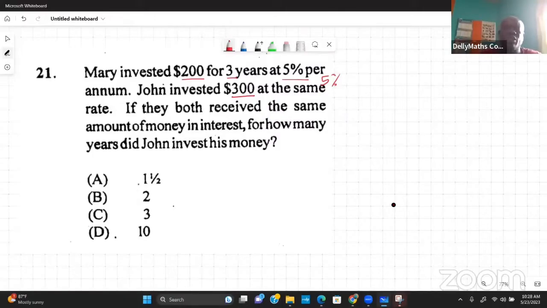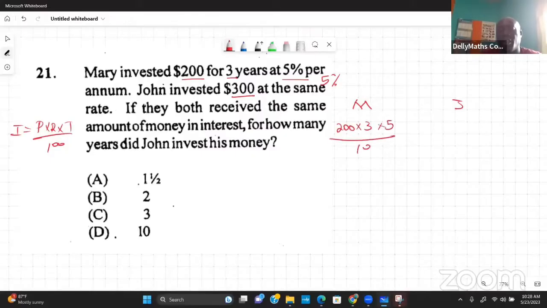All right. So what you could do, you could line them up side by side if you want. You could say, this is Mary and this is John. What is simple interest? Simple interest is equal to P times R times T over 100. That's one approach. So you could say for Mary, 200 times 3 times 5 over 100.